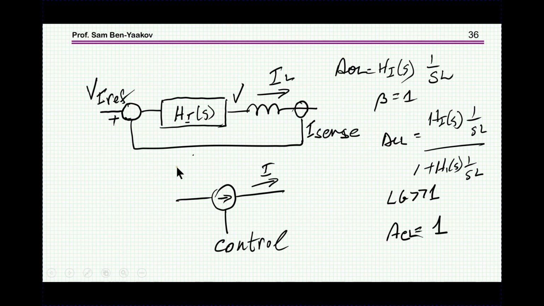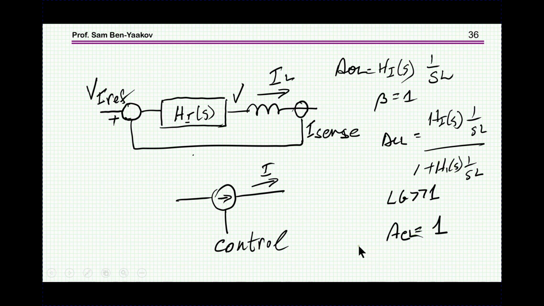So in this system, in a closed loop, we are going to have this function here. The feedback here is 1 divided by this. So when the loop gain is much, much larger than 1, something that I've discussed in the first part, this converges to a gain of 1.